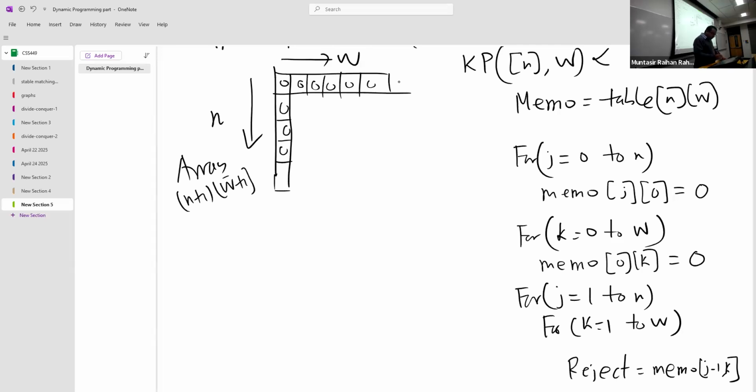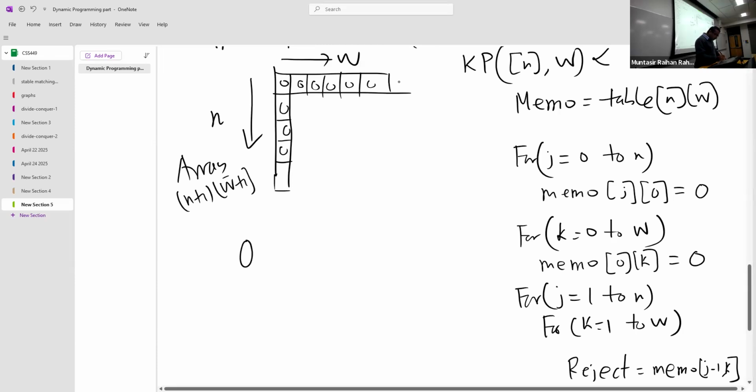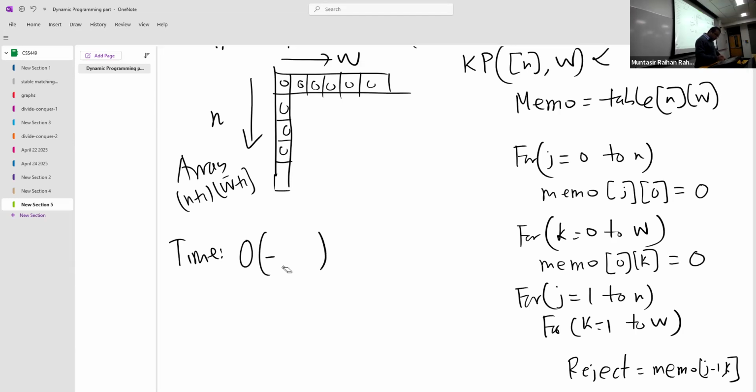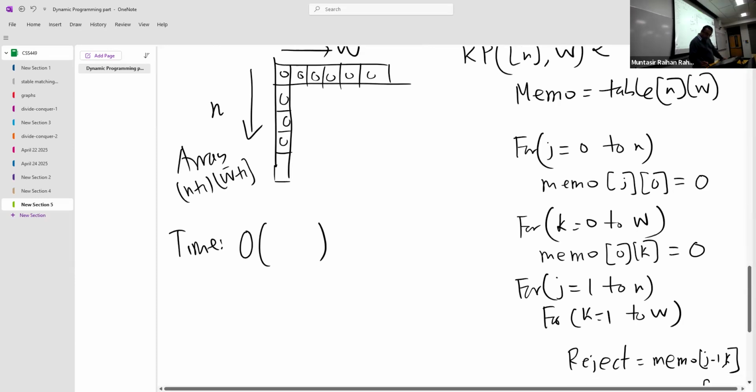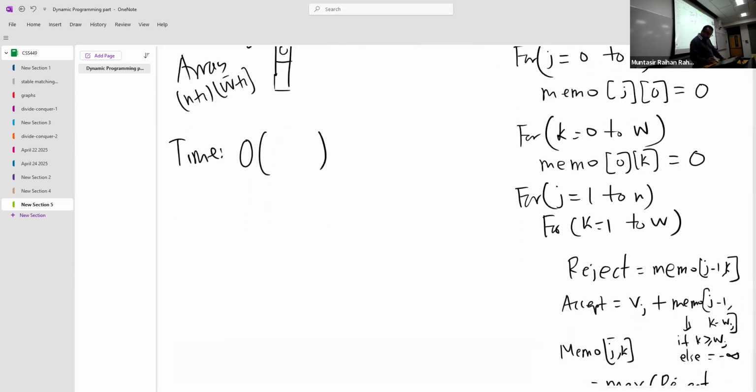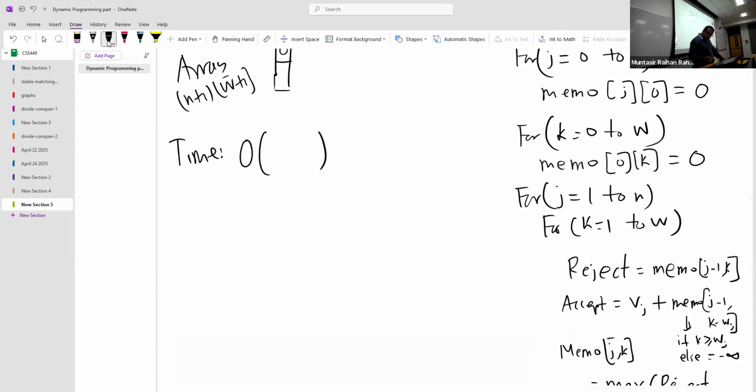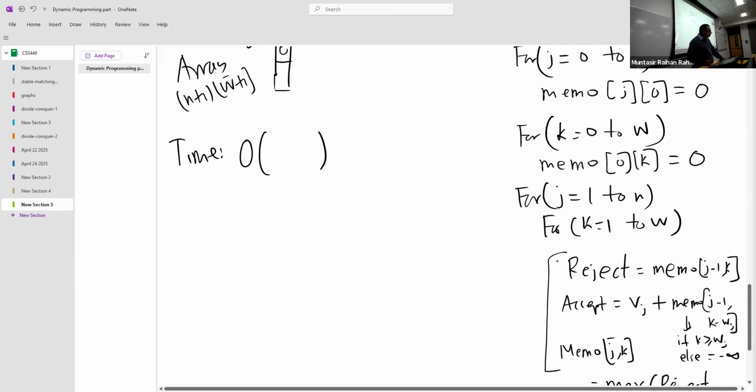Okay, but now what is the runtime here? The time complexity? For every subproblem, you just have a constant amount of work, right?